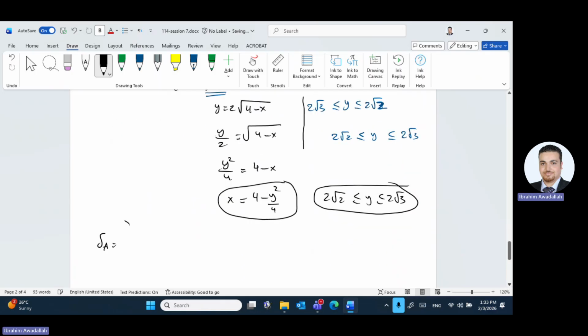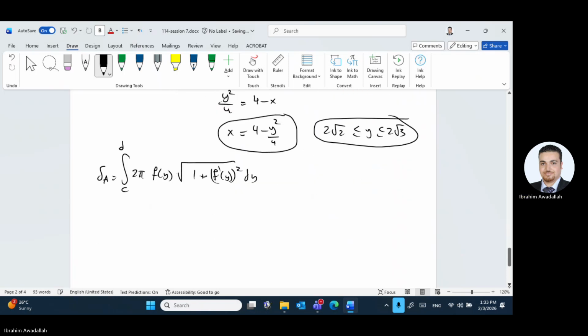Surface area about the y-axis, I will write it, no need for that, but I will write it: 2 pi, and here f of y, and here under the root 1 plus f prime of y squared dy. Okay, x prime, or f of y prime, will be the derivative: here 0, and the derivative here will be minus 2y.